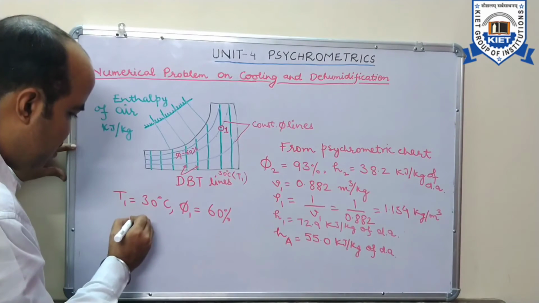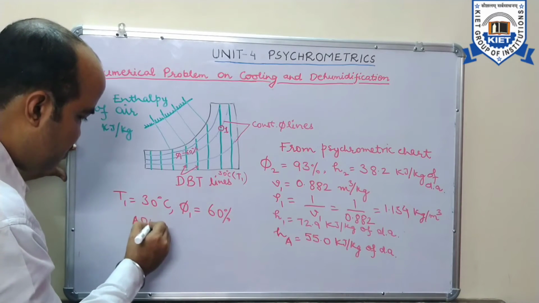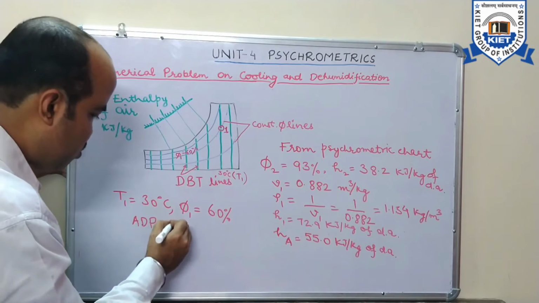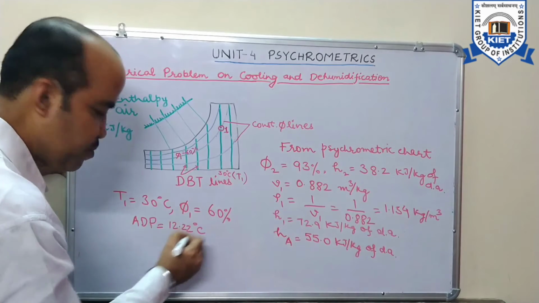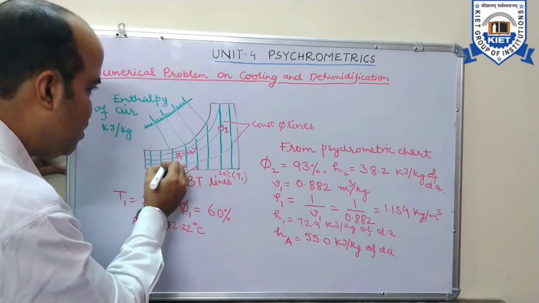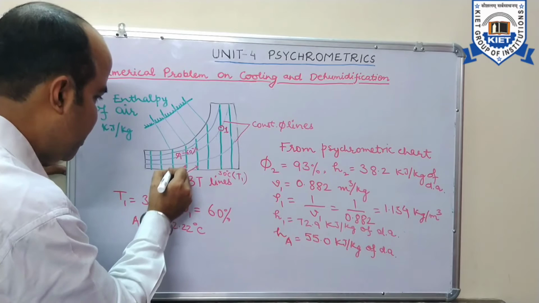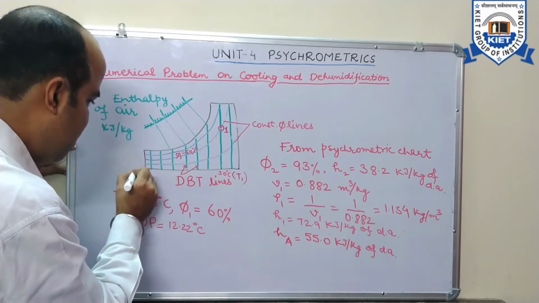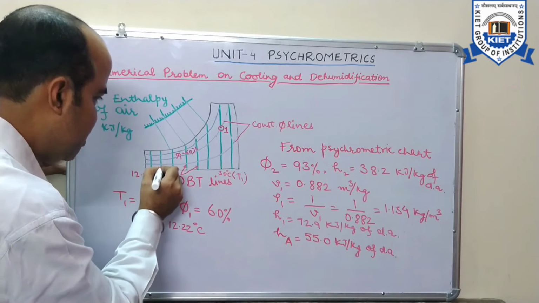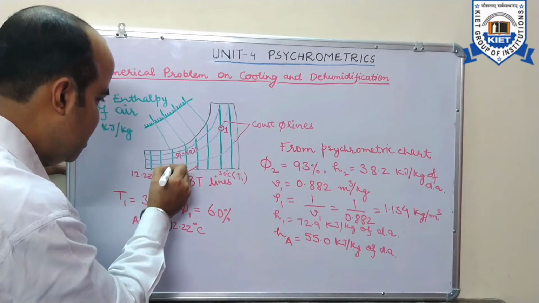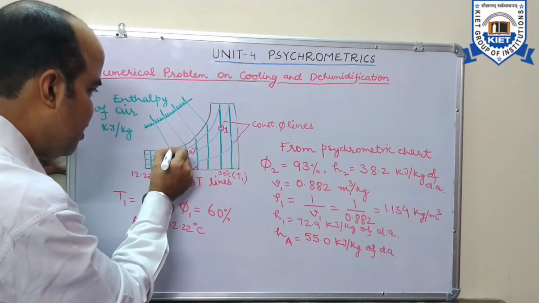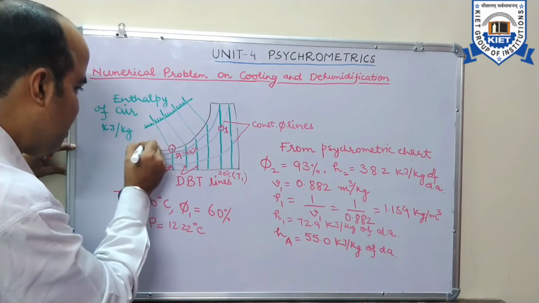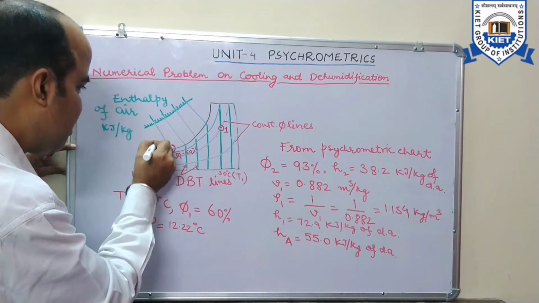Now, in the previous few minutes we calculated the ADP equal to 12.22 degrees Celsius. So what we will do now is locate the dry bulb temperature line corresponding to 12.22 degrees Celsius, and mark a point on the 100% relative humidity curve, phi equal to 100%.